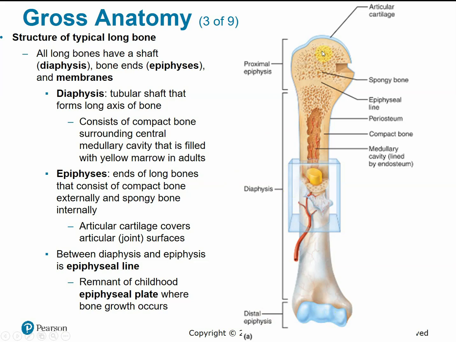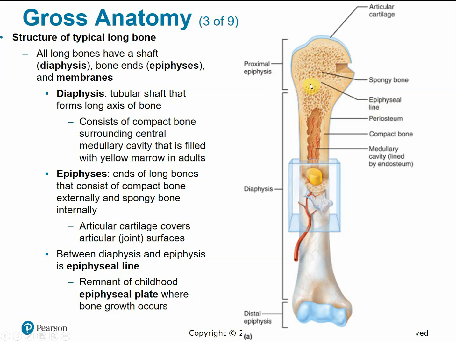The epiphyses are more spongy bone texture. So they have an outer layer of compact bone, but internally they have the spongy bone arrangement, and they will be filled with that red marrow. The articular cartilage is a thin covering of hyaline cartilage to reduce friction between the bones at the joints. So in between the epiphyses and the diaphyses, we have what's called the epiphyseal line.